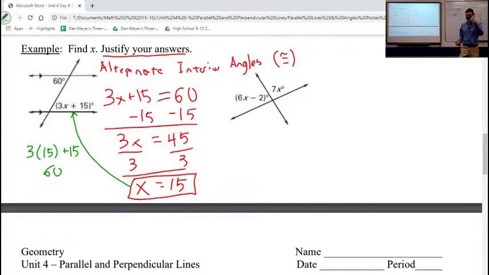Just like the alternate interior angles says it should be 60. Questions on that? All right, we're going to start the next one.